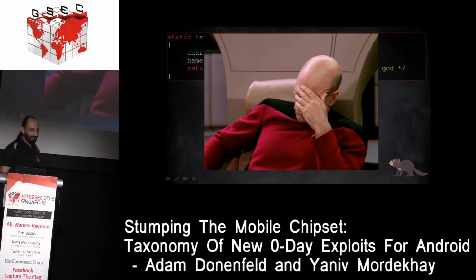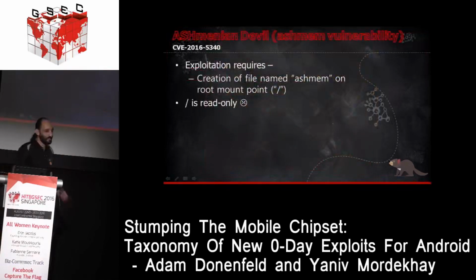Okay, so we see it and we feel like, okay, now it's so easy. Let's just exploit it right away and get those escalated permissions. So all we need to do is just create a file and put it in root mounting point.